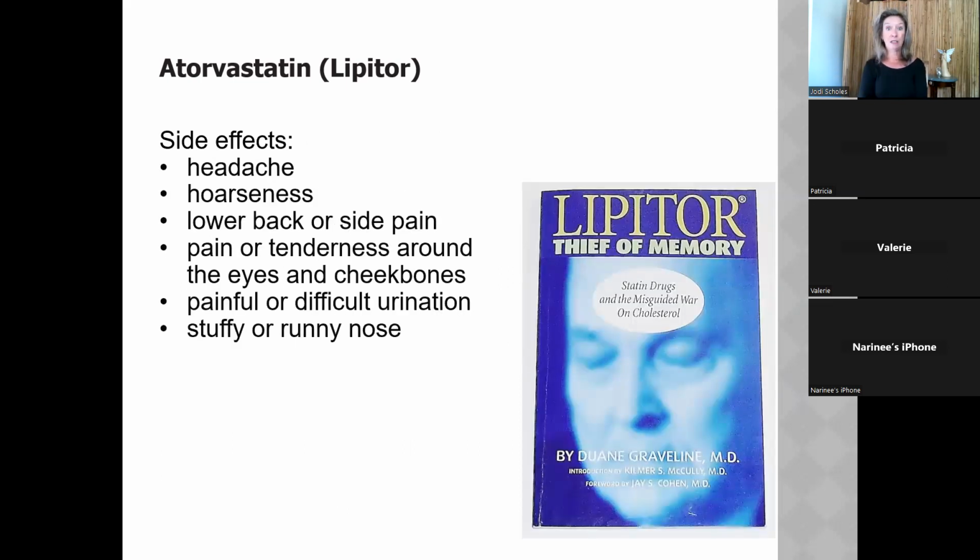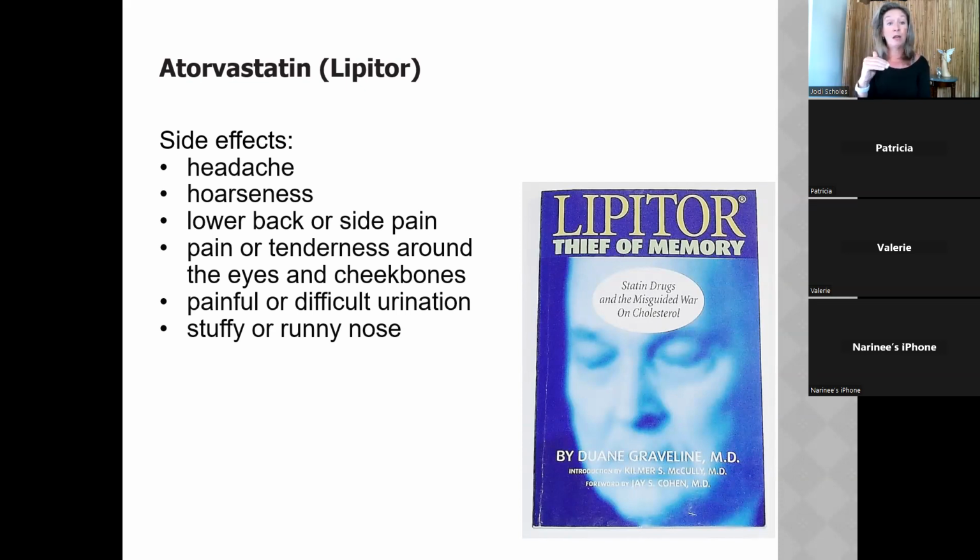So the side effects of statins: headaches, hoarseness, low back pain, diarrhea, nausea, joint pain. Those are probably the three most common. As I mentioned, we had a slide out of order, but the three most common are nausea, dizziness, joint pain. That's according to the Mayo Clinic.